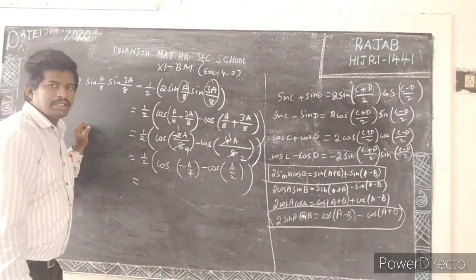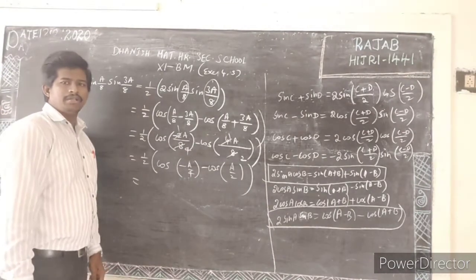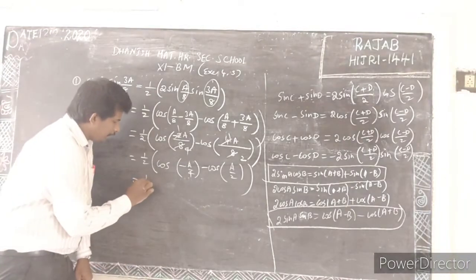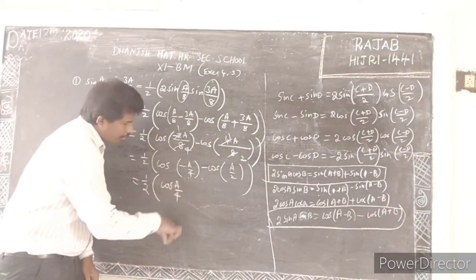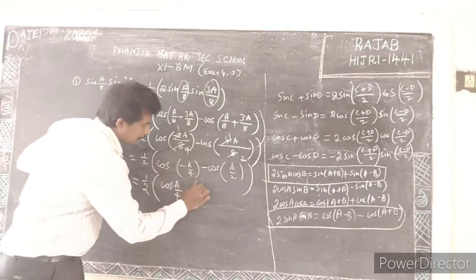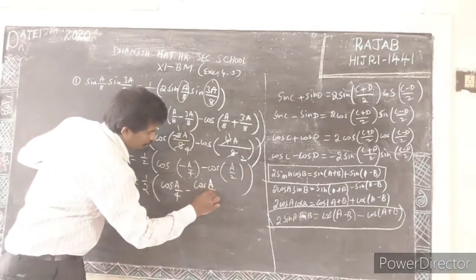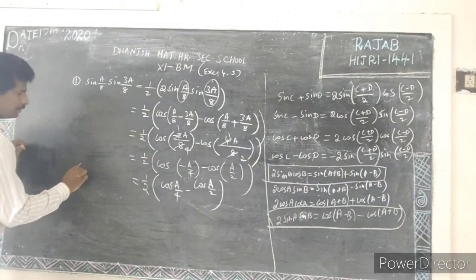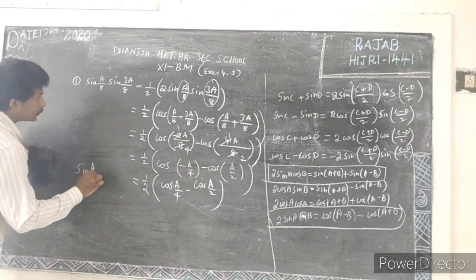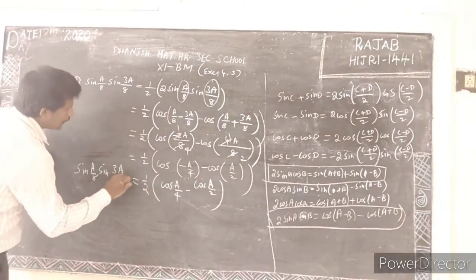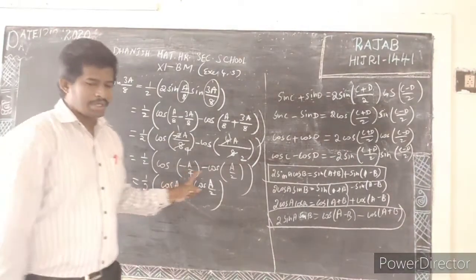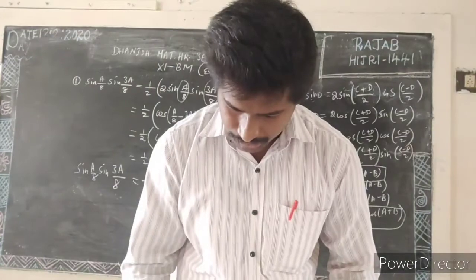By using this result, it will become 1 by 2 into cos a by 4 minus cos a by 2. Hence we have expressed the given product as the difference of two terms.